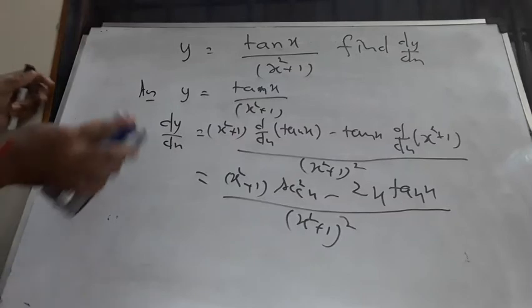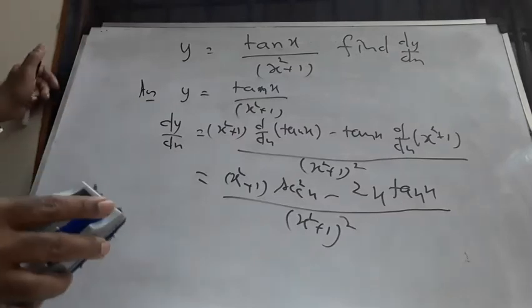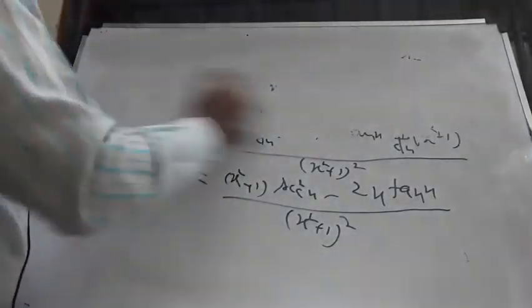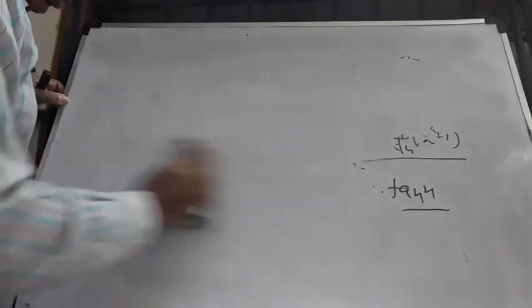That is just the square of the denominator. Okay, I have done one on division rule, and one on chain rule.